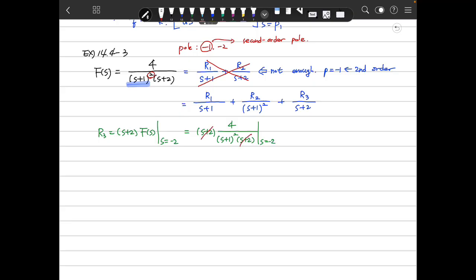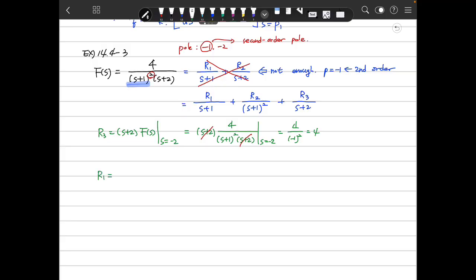So it will be minus 1 squared, 4, so it will be 4.